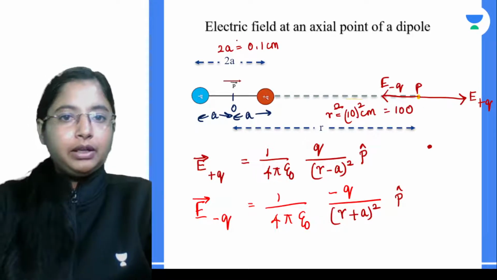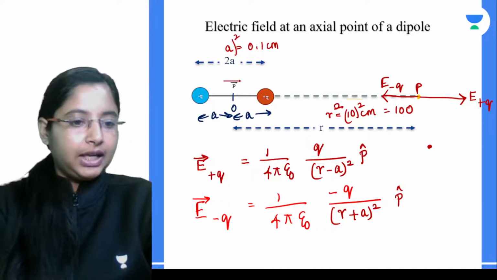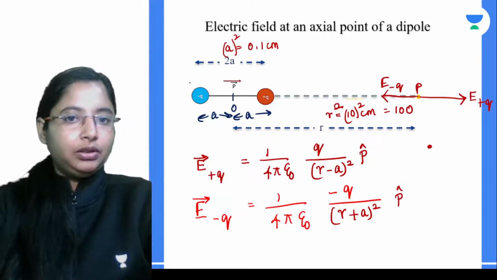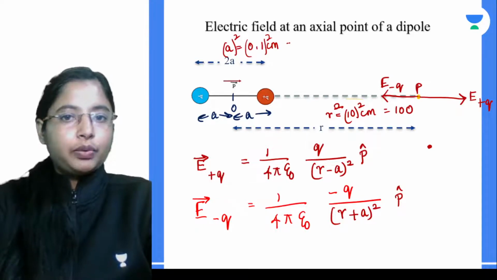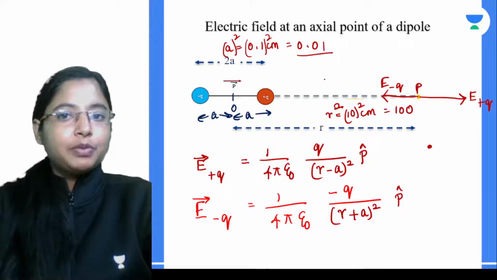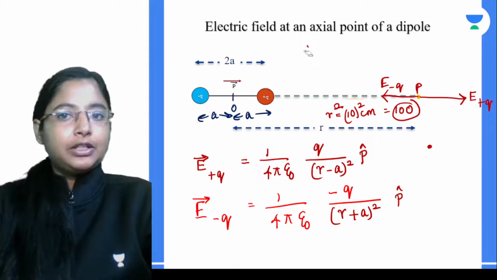But when you square this term A, this distance is 0.1 centimeters, it will become 0.01, much smaller. When compared to 100, this value is very, very small, it's negligible.